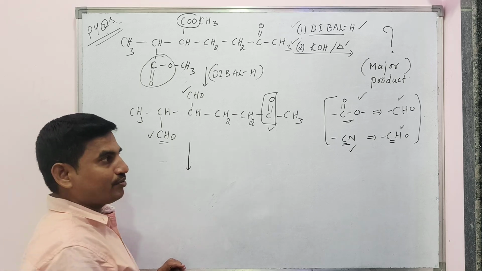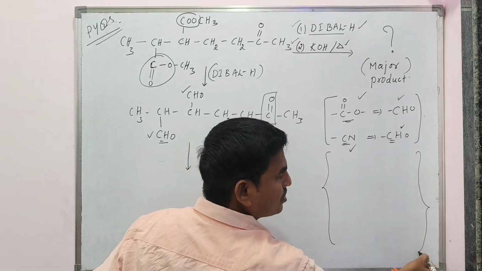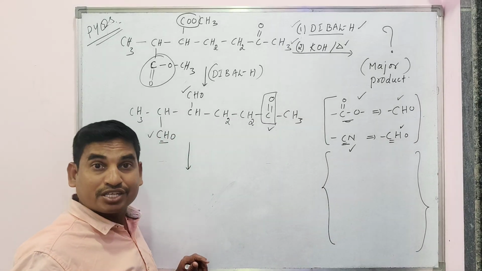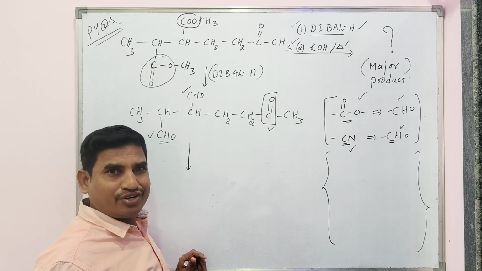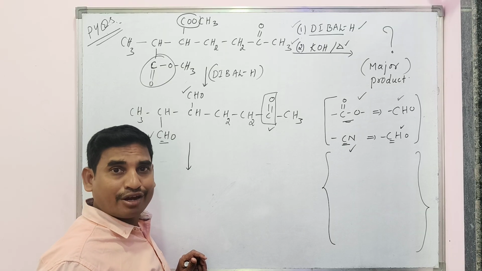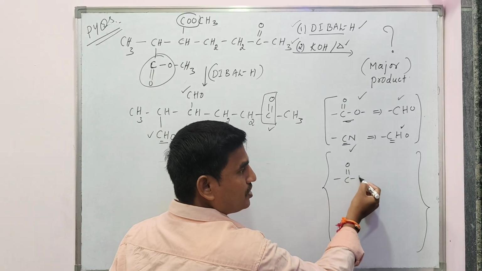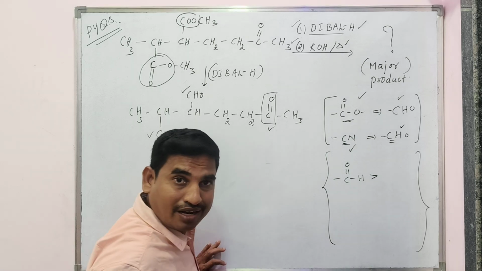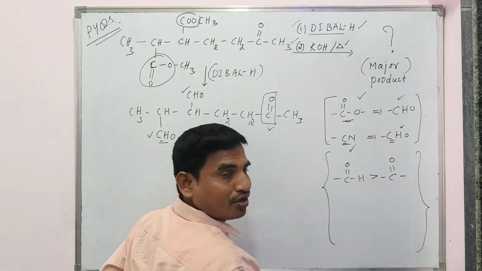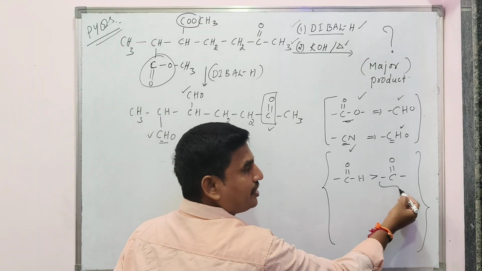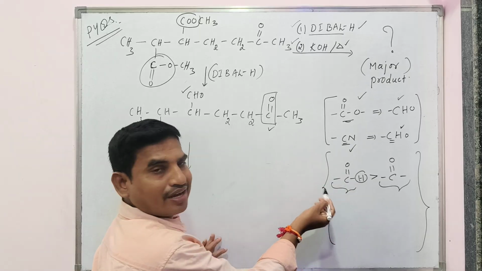First of all, which one is more reactive? We have to consider the reactivity of aldehyde and keto functional groups. Due to steric and electronic factors, the aldehyde is much more reactive than the ketone. In ketones, bulky alkyl groups are present around the carbonyl carbon, whereas in aldehydes one side is hydrogen and the other side is an alkyl or other group.